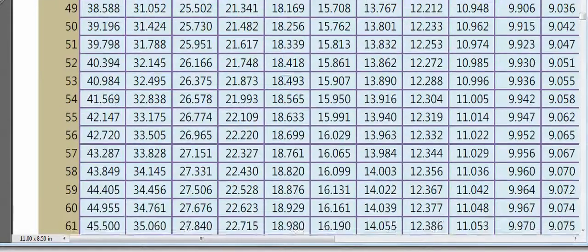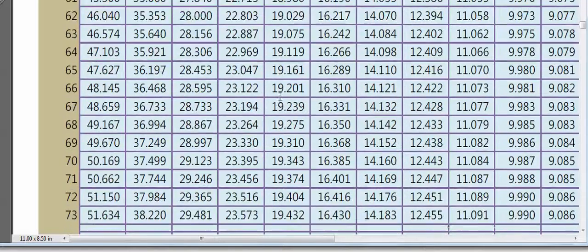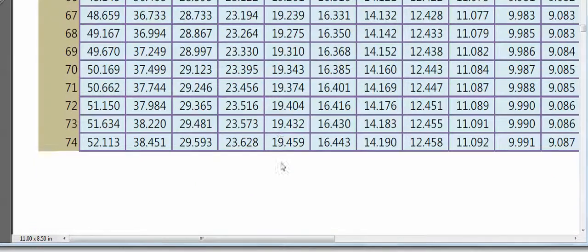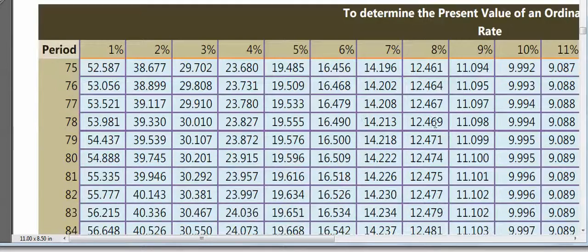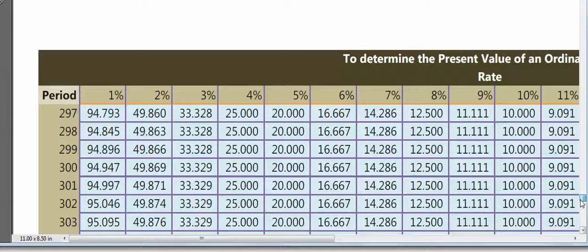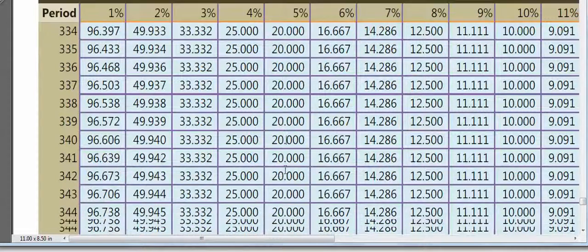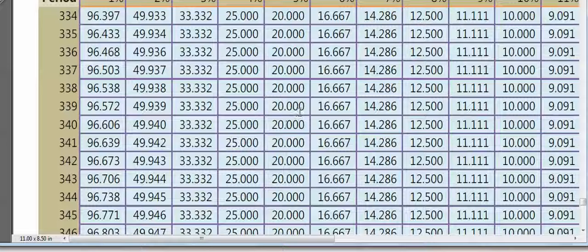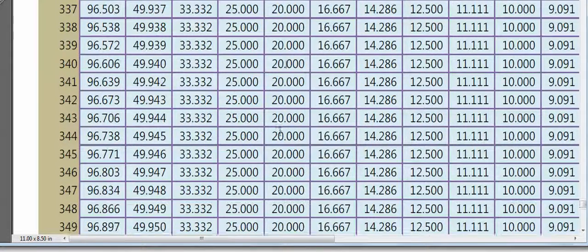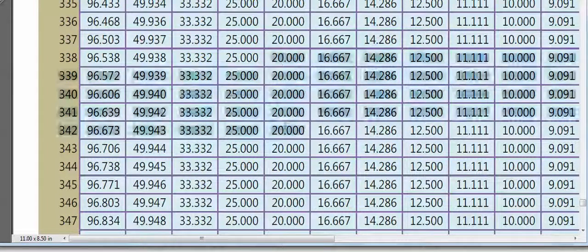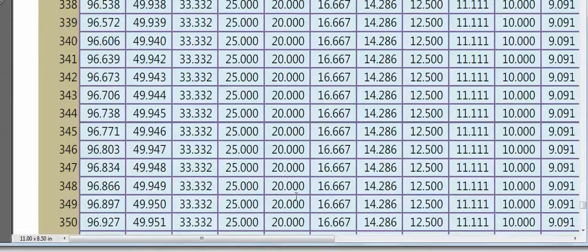I'm going to scroll down some more, and I'm still not running out of money. I created all these interest factors on a spreadsheet, so I went out pretty far, but you can see that eventually, in the 5% column, I hit 20, and it never goes above 20.